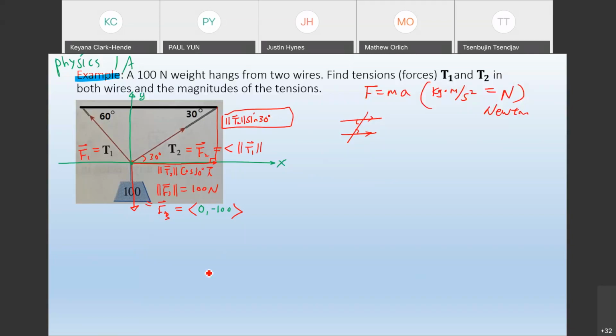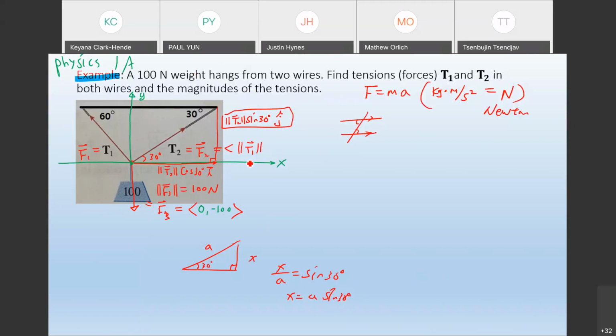You have a hypotenuse A, and here is a 30 degree angle, and then what is X? X over A equals sine 30, so X equals A sine 30. Here A is the magnitude of T2, and this is the j component, right?